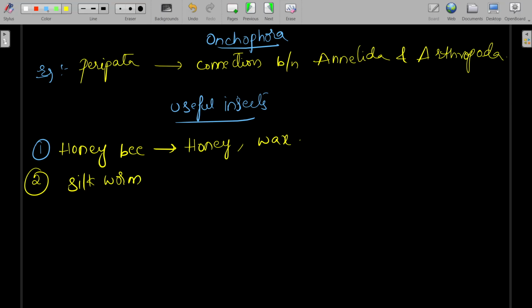Second one is silkworm. This silkworm is of 3 types, and they are Antheraea paphia, which gives tussar silk.